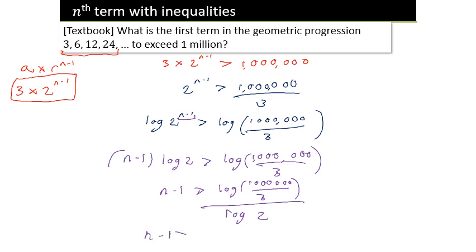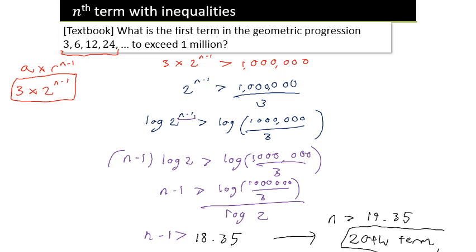When you input that into your calculator, you get 18.35, like that. We can add 1 to both sides, giving n is bigger than 19.35. And so therefore it's the 20th term that will exceed 1 million. The 19th term won't, but the 20th term will be the first term in that progression to exceed 1 million.